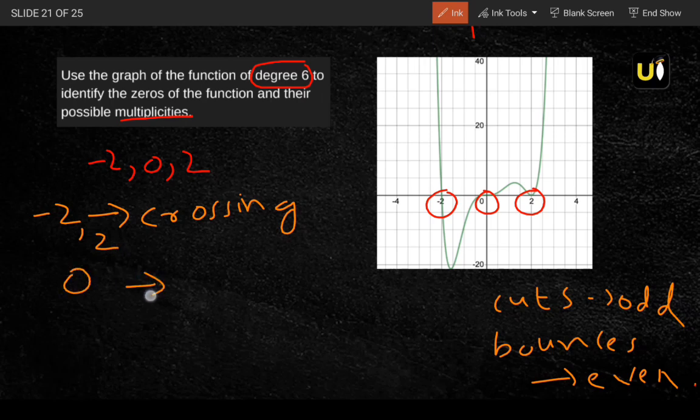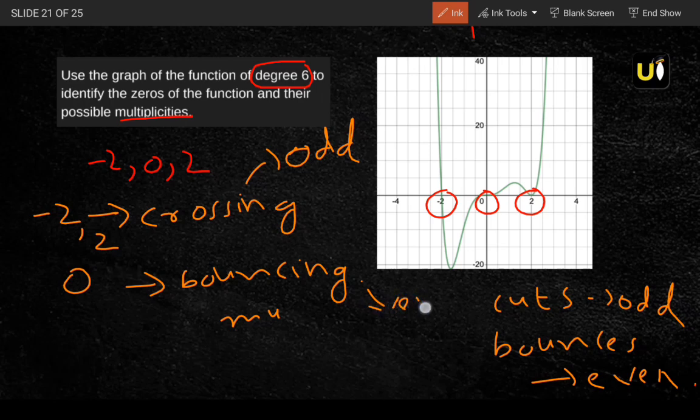And we are given one more condition, that the degree is 6. So as we have seen before, the sum of the multiplicities of -2, 2 and 0 is less than or equal to 6.